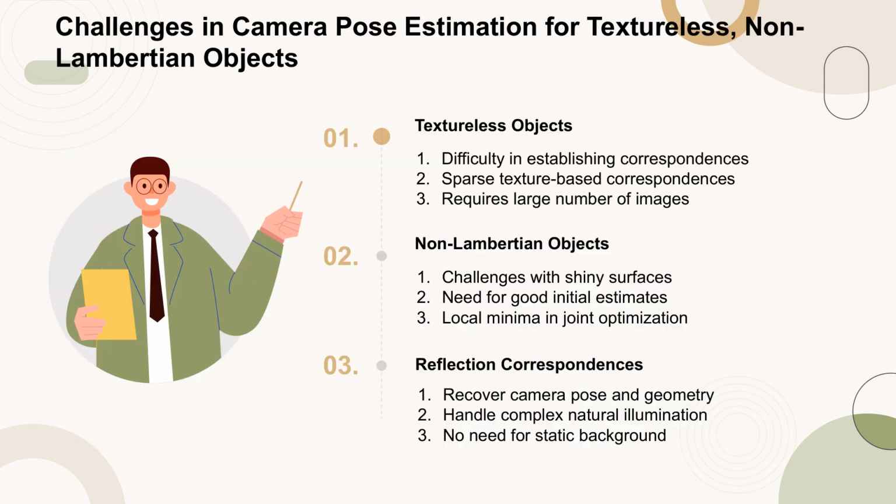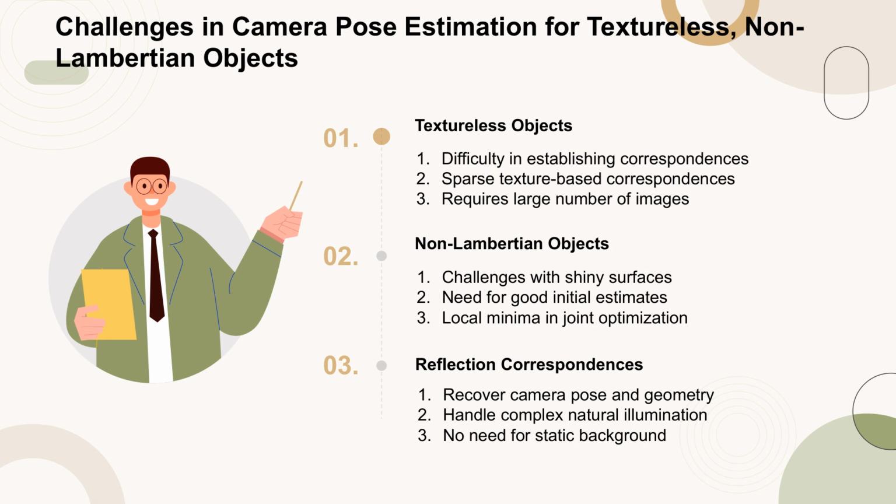The estimation of camera pose for textureless, non-Lambertian objects presents significant challenges. For textureless objects, establishing correspondences is difficult due to the lack of distinctive features. Texture-based correspondences are often sparse, necessitating a large number of images with significant visual overlap for accurate estimation.